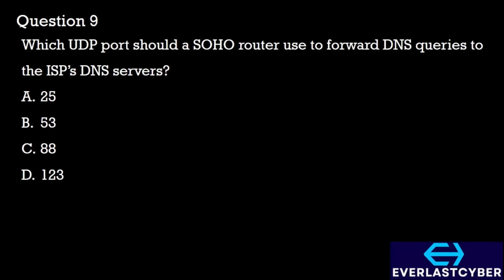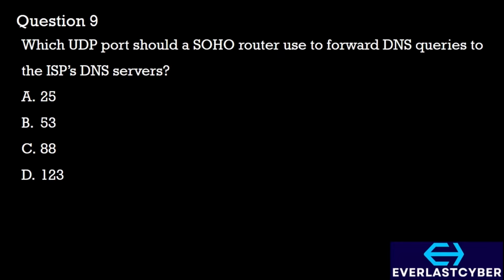Port 25 is used by SMTP to send emails. Port 53 is used by DNS to query and resolve domain names into IP addresses. Port 88 is used by Kerberos for network authentication, while port 123 is used by the Network Time Protocol for time synchronization across devices on a network.